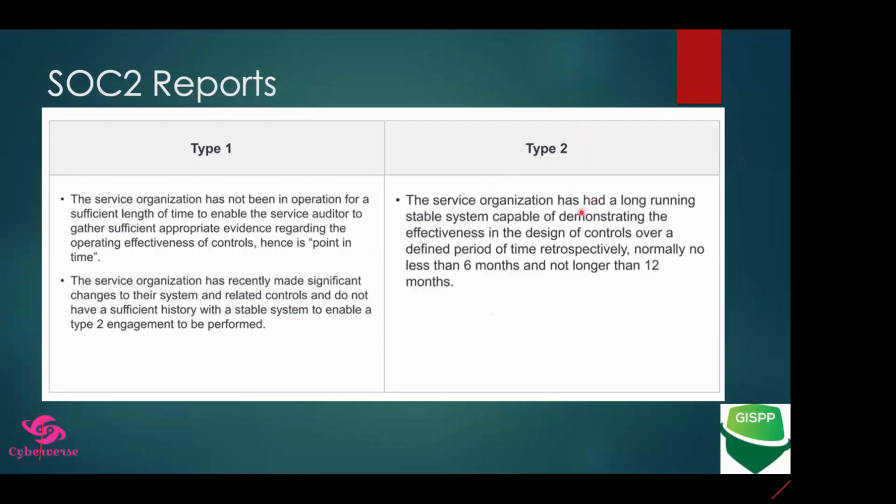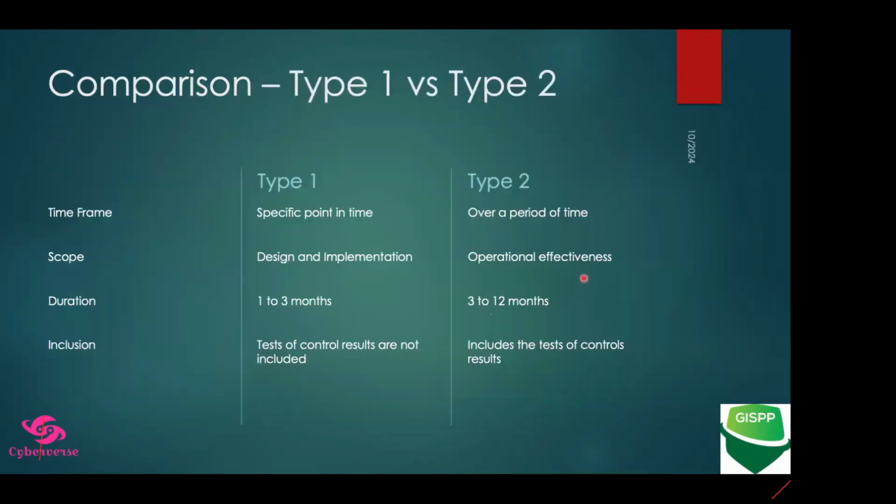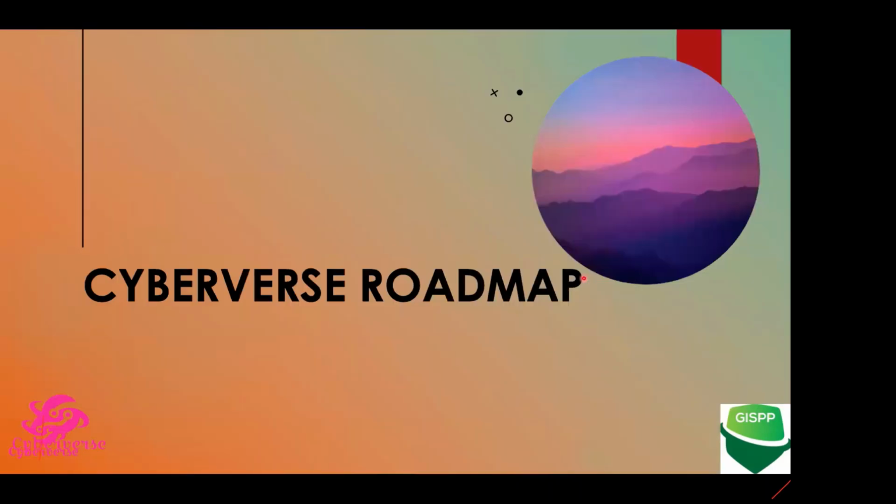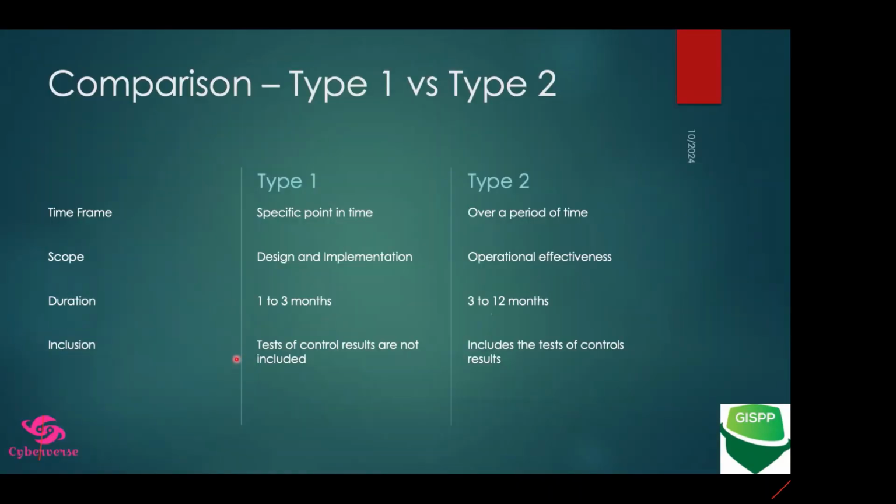Type 2 is where you had a running stable system capable of demonstrating the effectiveness. This is where your evidence and test results come into picture, and that can take anything between 6 months to 12 months as well. Okay. So that's the main difference, as I explained, or a comparison between type 1 reports and type 2 reports in SOC 2.